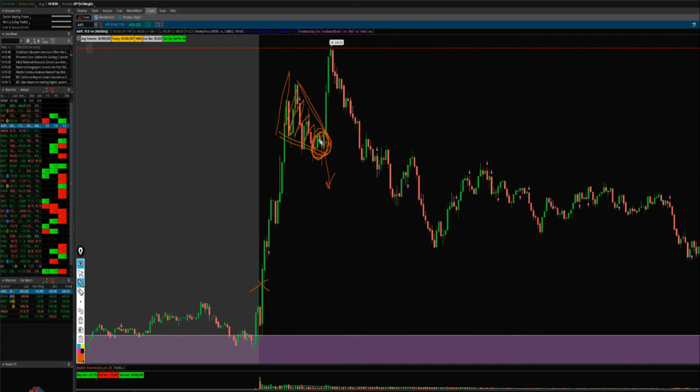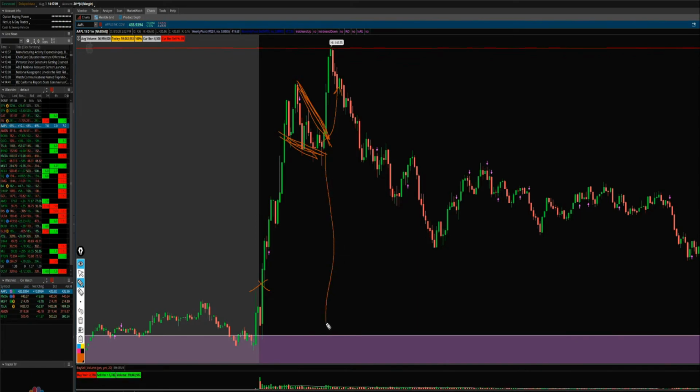In this case, price exploded to the upside, and you could have capitalized on this. So you just have to mark these things up, and just capitalize on what happens here.